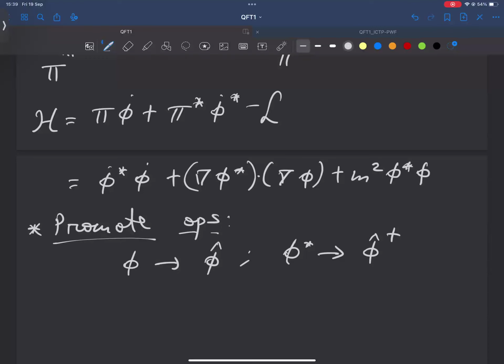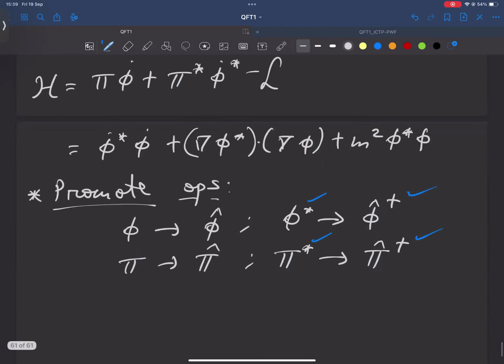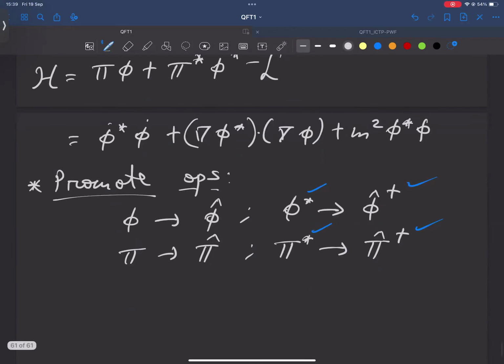Okay, so this was like transpose and conjugate, because these would be matrices in some cases and so on and so forth. And similarly the pi's, the momenta, and the pi stars. Okay, so that's why we have a dagger here. Okay, the conjugate maps to the transjugate, just as you do in quantum mechanics.